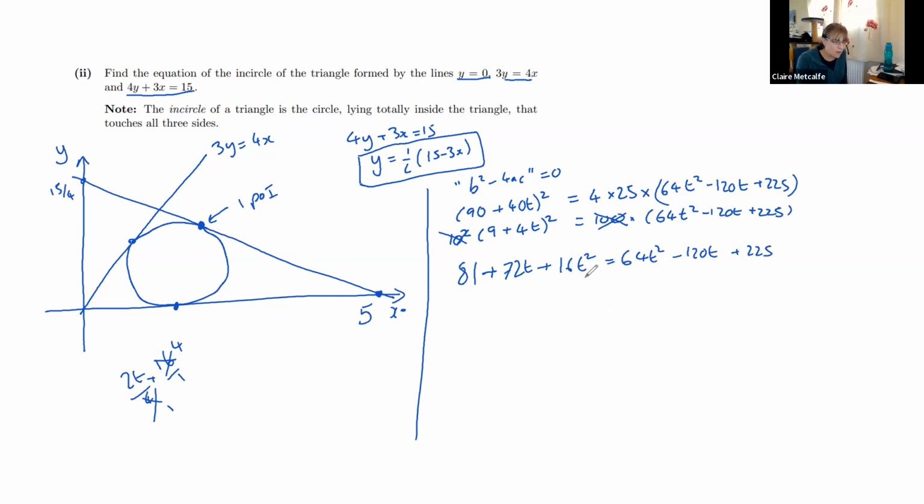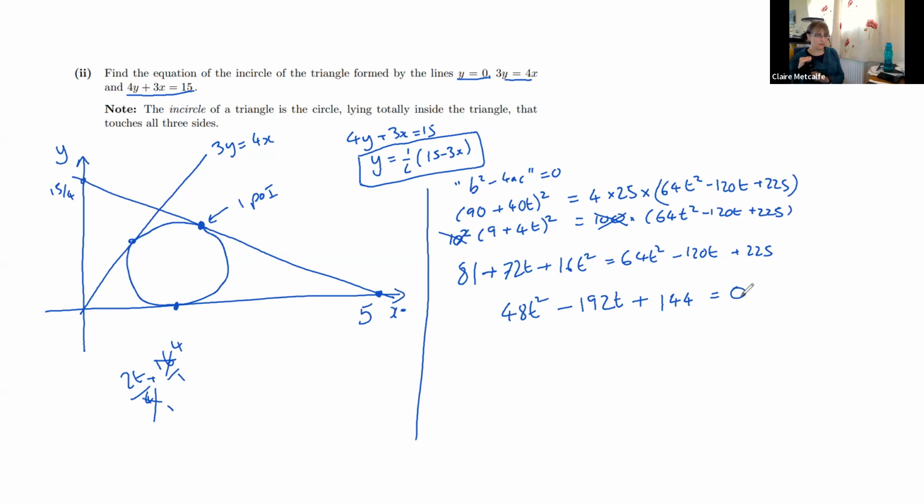Okay, it feels like we're now on the home straight. 64 minus 16, that's 48t squared. Minus 120 minus 72 is minus 192t. And then 225 minus 81 is, 225 minus 80 is 145, so 144. Okay.